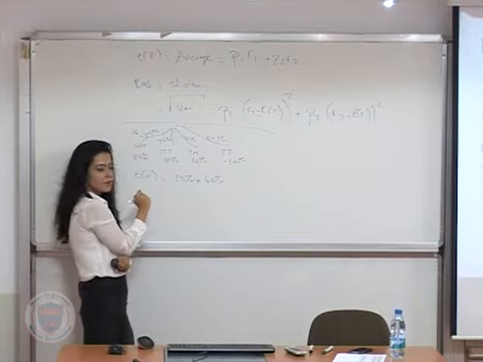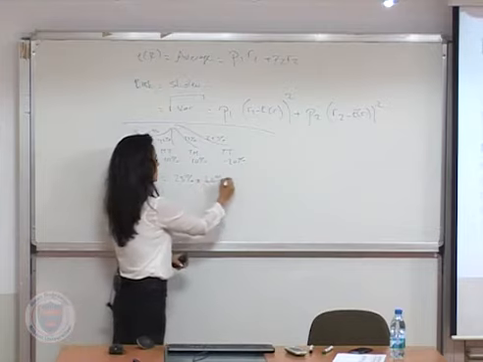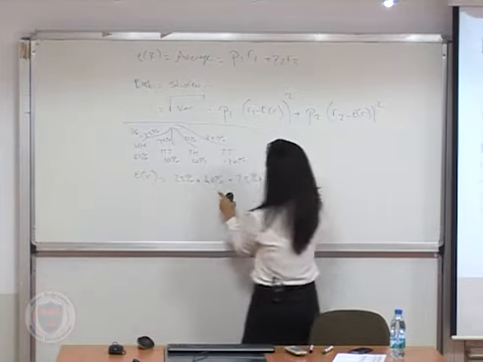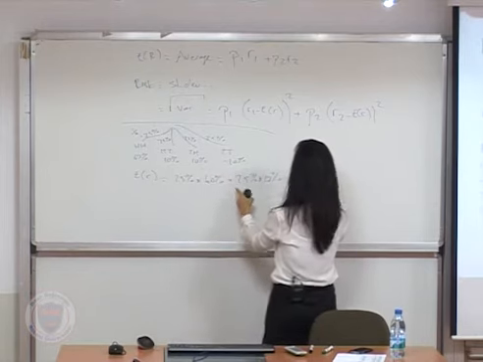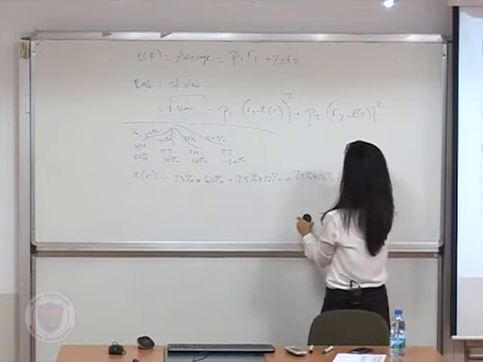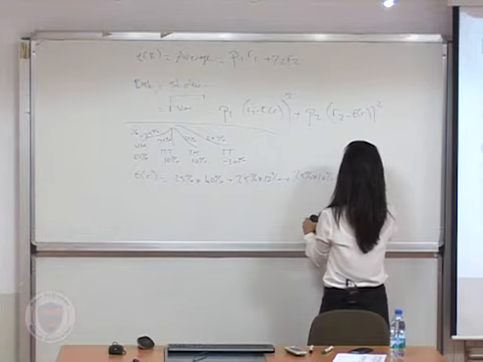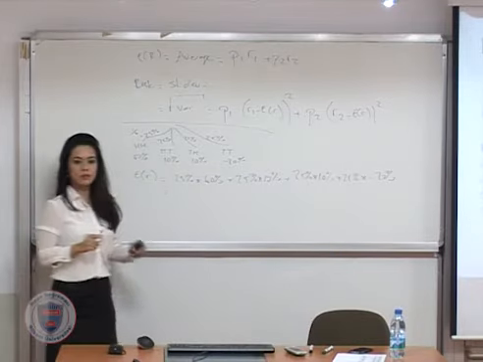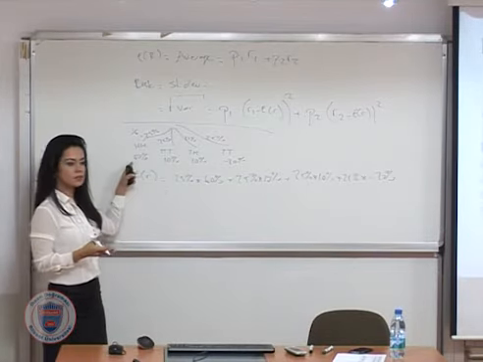Okay, doesn't make any difference. Plus 25% times 10% plus 25% times 10% plus 25% times minus 20%. Or the easy way would be what?